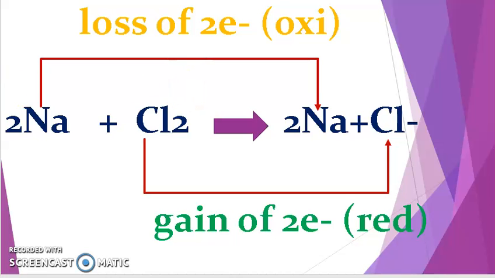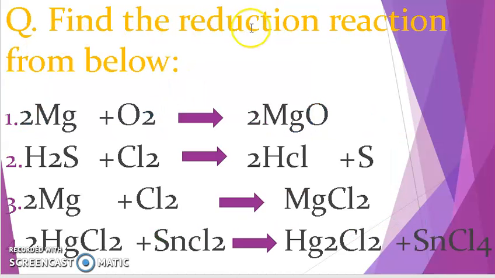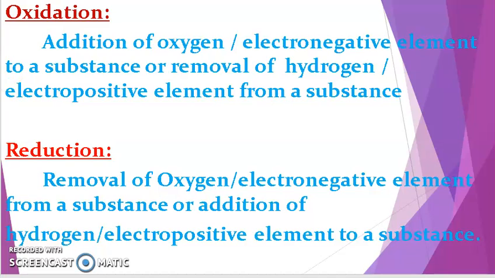Today we have to find out the reduction reaction from these options. For that, we have to know what an oxidation reaction is and what a reduction reaction is, and how it happens with the substance. If there is addition of oxygen or an electronegative element to a substance, it is an oxidation reaction.